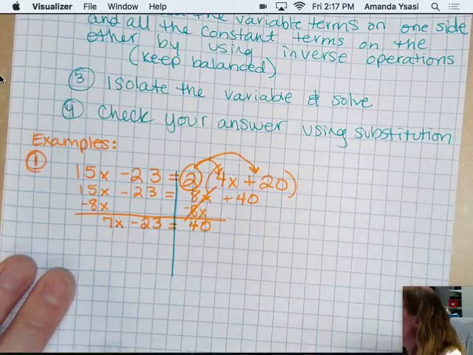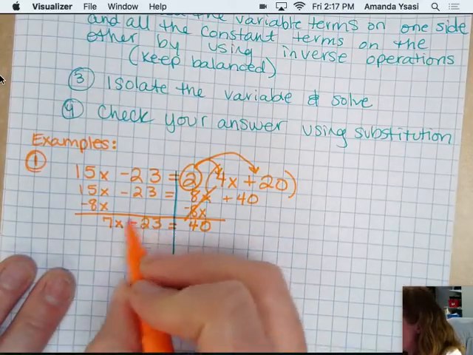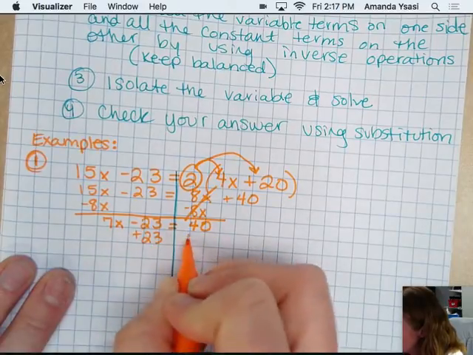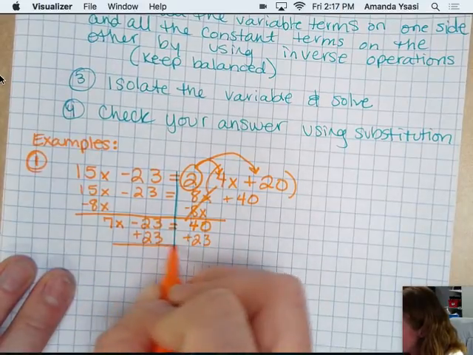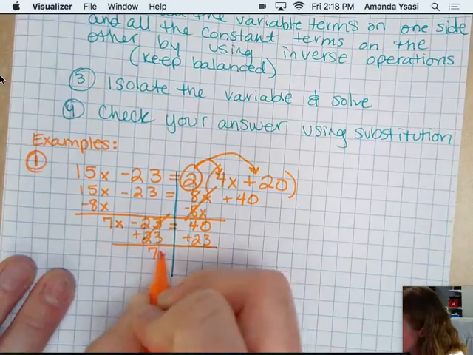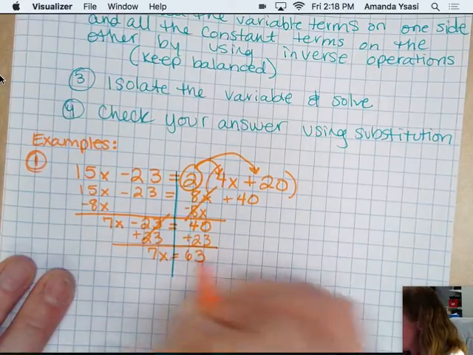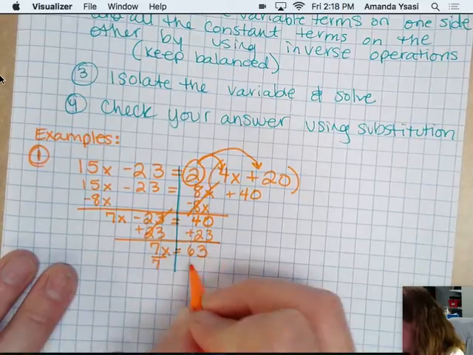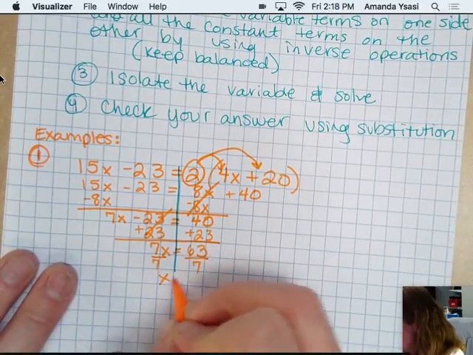Using inverse operation, we're going to get rid of this minus 23 and do plus 23 to both sides. So it's 7x equals 63. And divide by 7. So x equals 9.